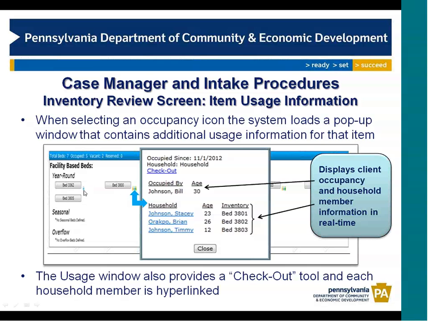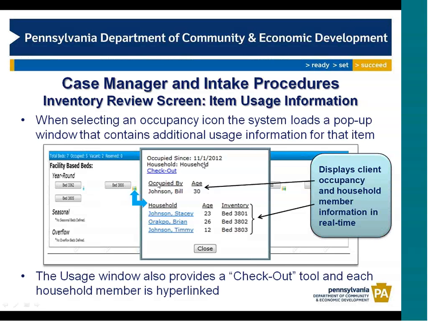You can click on these individual icons, the single person or the household people icons, and the system will pop up another window that provides information on the actual occupant in the bed. It shows how long they've been occupied and what the household is.